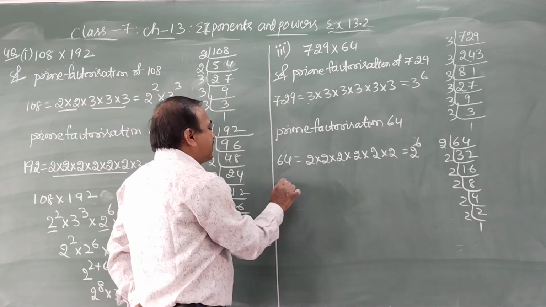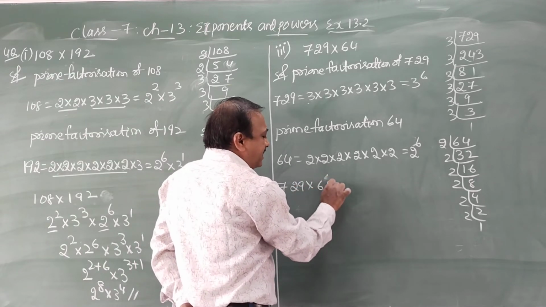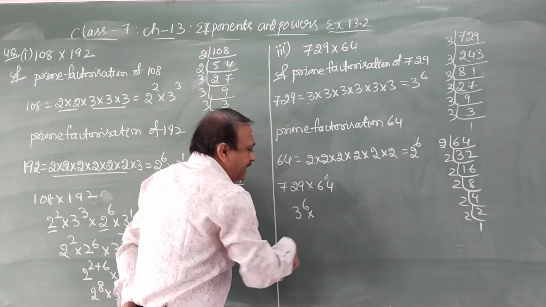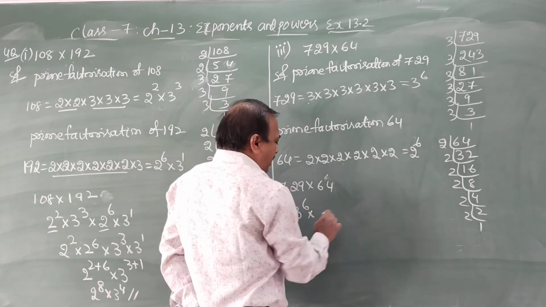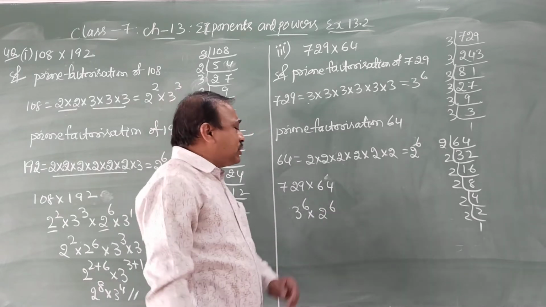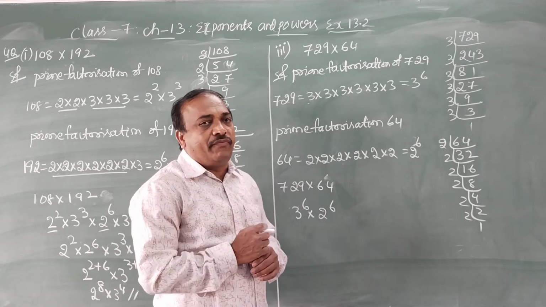So now 729 into 64. 729 you can express as 3 to the power 6, into 64 you can write as 2 to the power 6. He is asking us to express only as a product of prime factors in the exponential form.